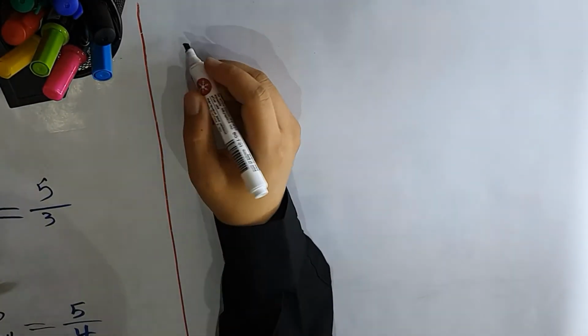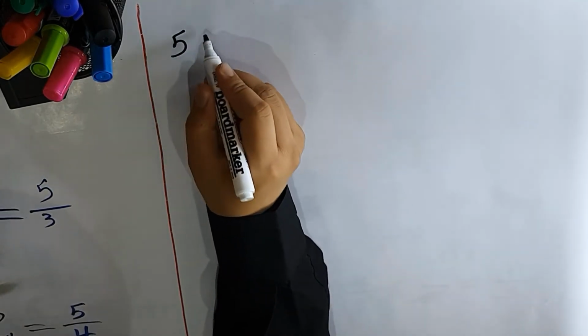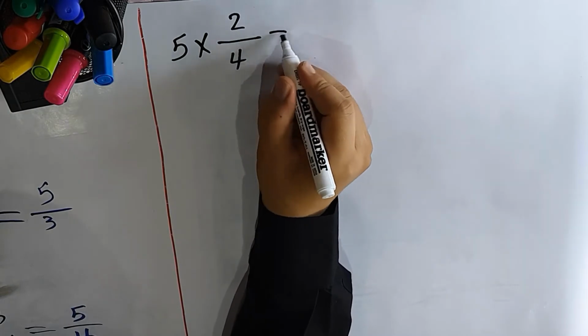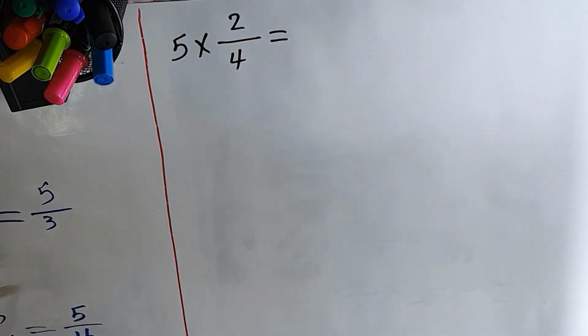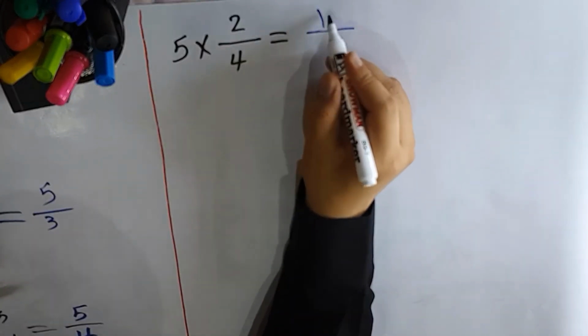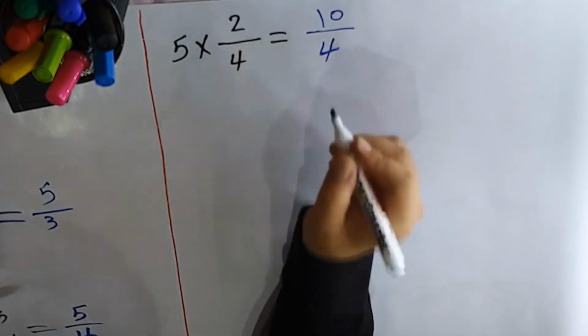Okay, more exercise. 5 multiply 2 over 4. We said multiply the whole number with the top number in the fraction. Then 5 times 2 is 10 and 4 down.